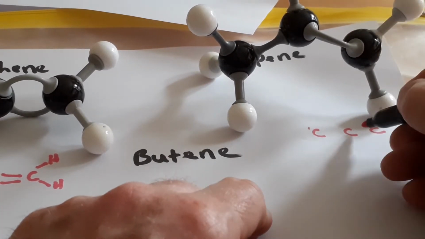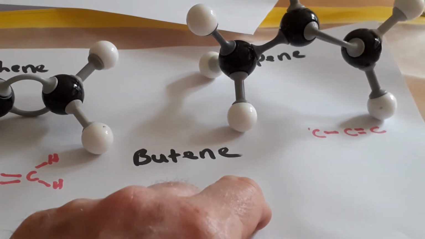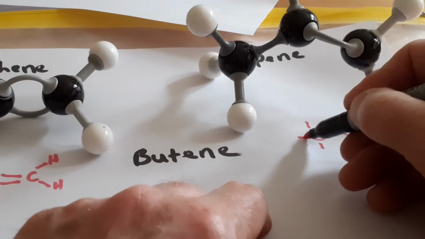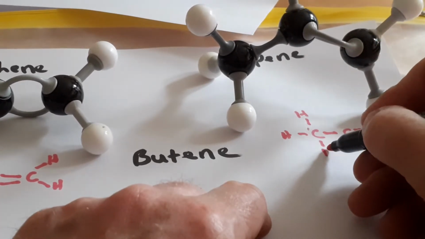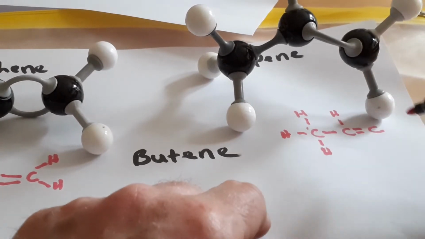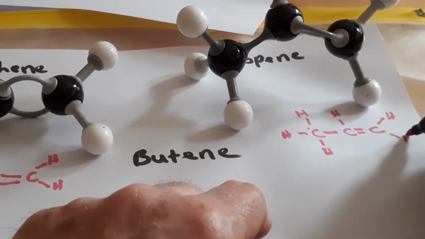We've got a double bond here, so put the double bond on, single bond there. And remember again that each carbon must form 4 bonds. So you've got 3 hydrogens on the end. There's only 1 on this middle carbon. And we've got 2 at the end there, like so.